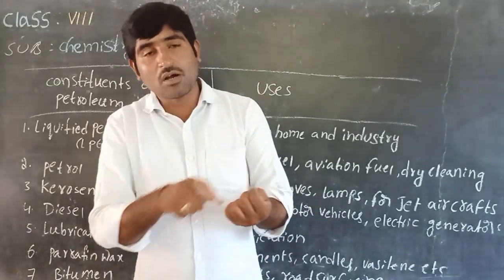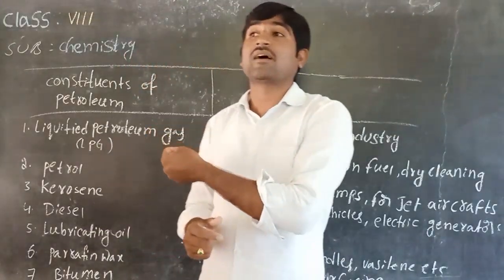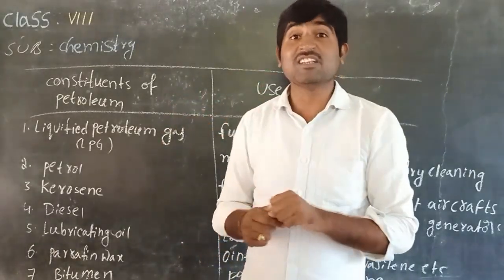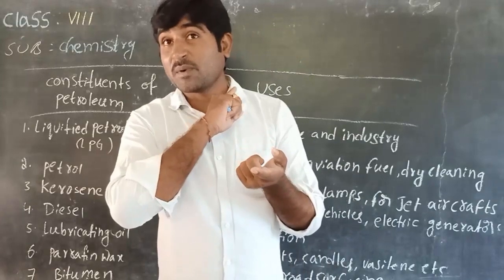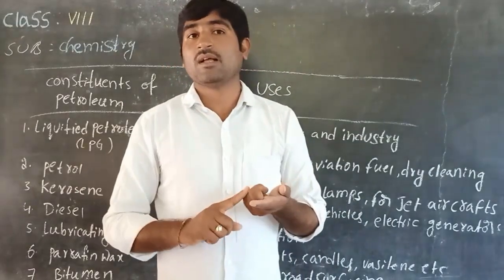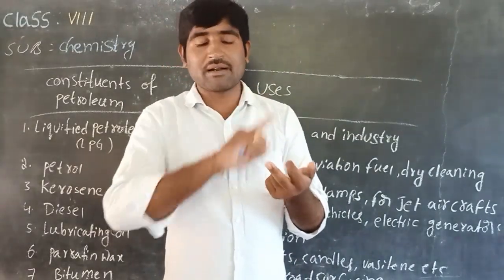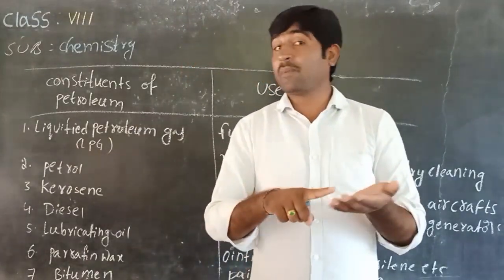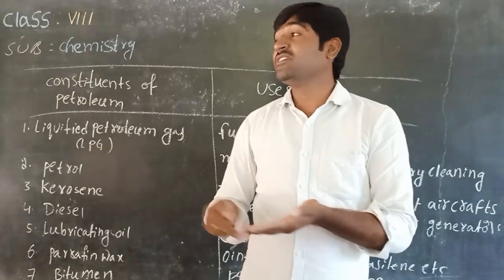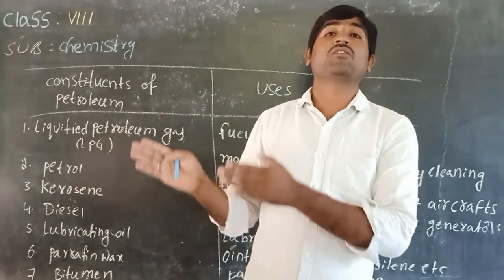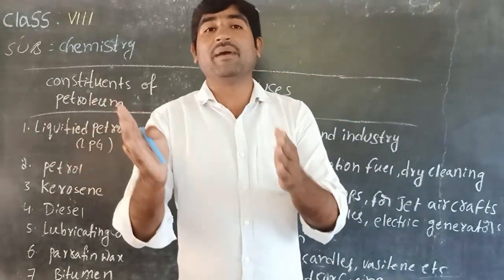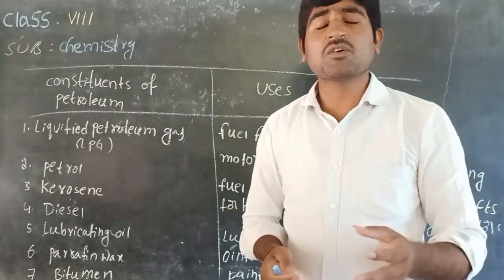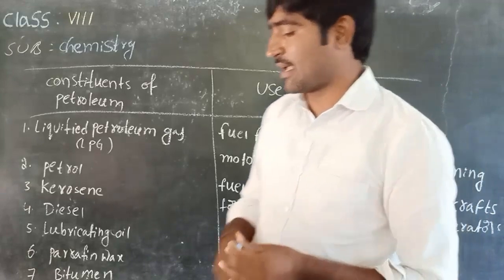To prepare all these products, petrochemicals are used as the starting materials. Without petrochemicals, it is not possible to prepare the synthetic fibers, drugs, dyes, paints and metaling of the road surfaces. These are made possible due to using petrochemicals as the starting materials. Understood, children?